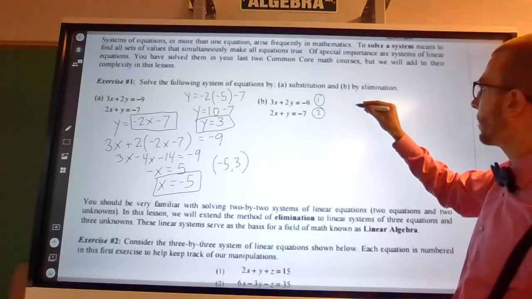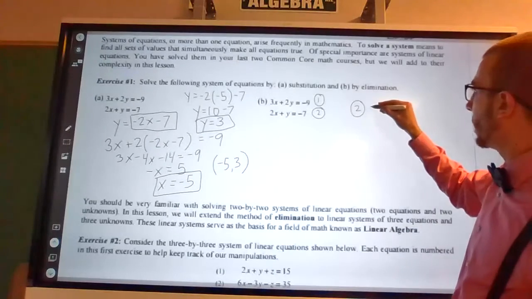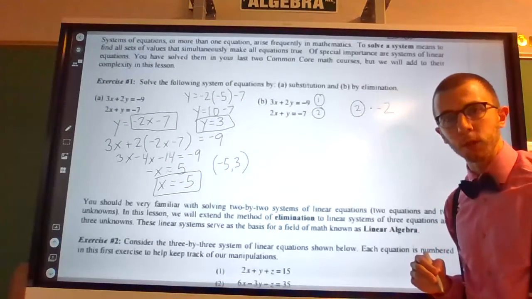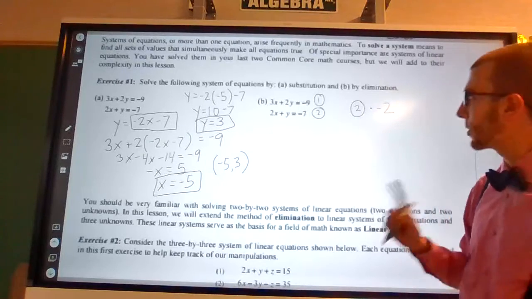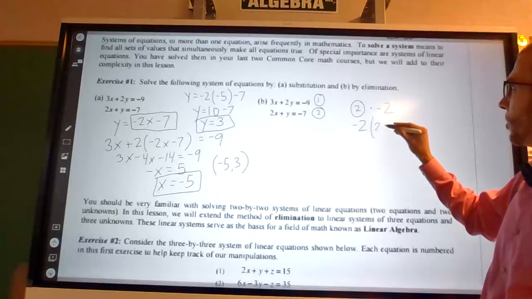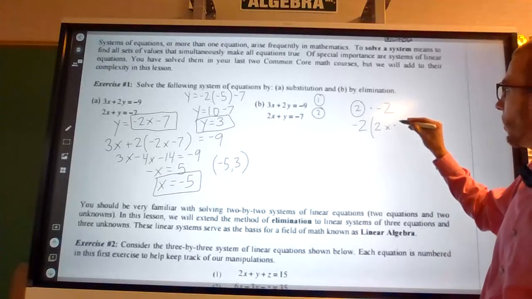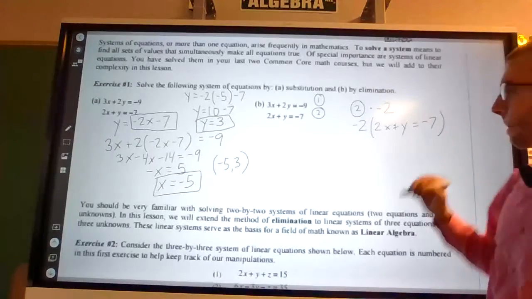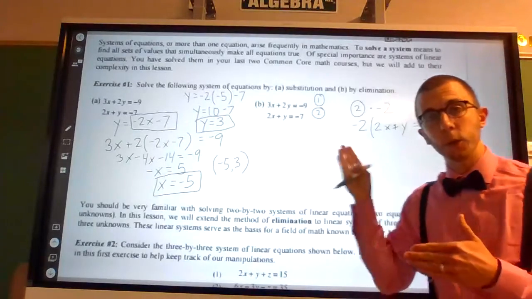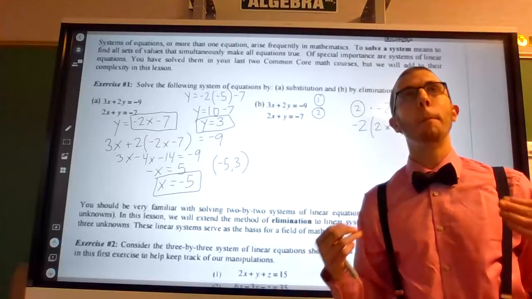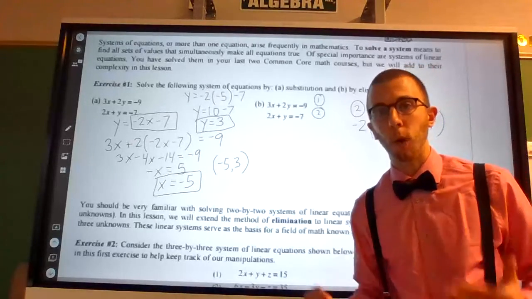Okay, I'm going to take my second equation and multiply it by -2. So watch what happens when I multiply it by -2. Put -2 out front of the whole equation. Okay, because the only reason we can do this multiplication here is due to the multiplicative property of equality.